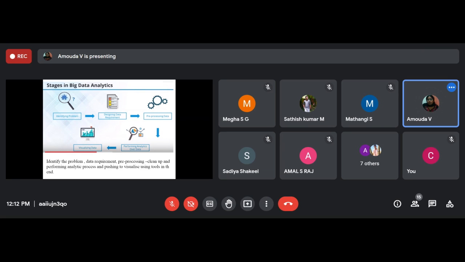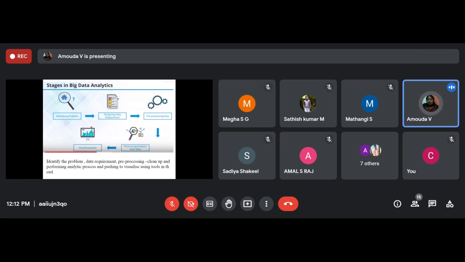Always, the first step of a computer science project is identifying the problem. What is the problem? Why are you going for data analysis? Then, for that problem, what are the data requirements? What is the data? You have to ask the concerned people through interviews, offline, online, in hard copy, oral discussion, and so on.